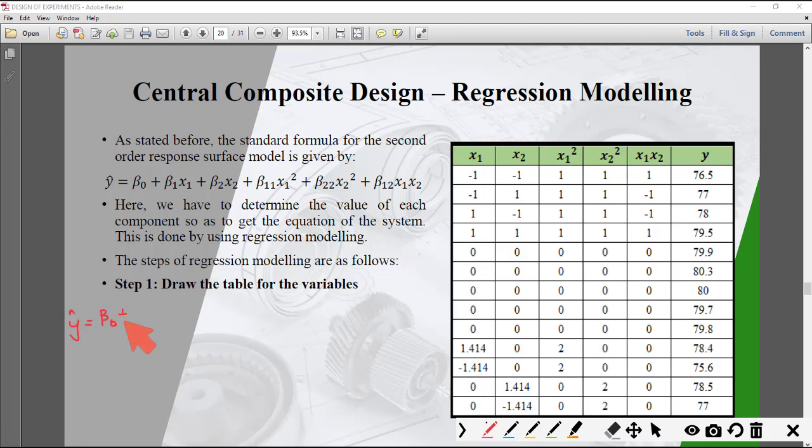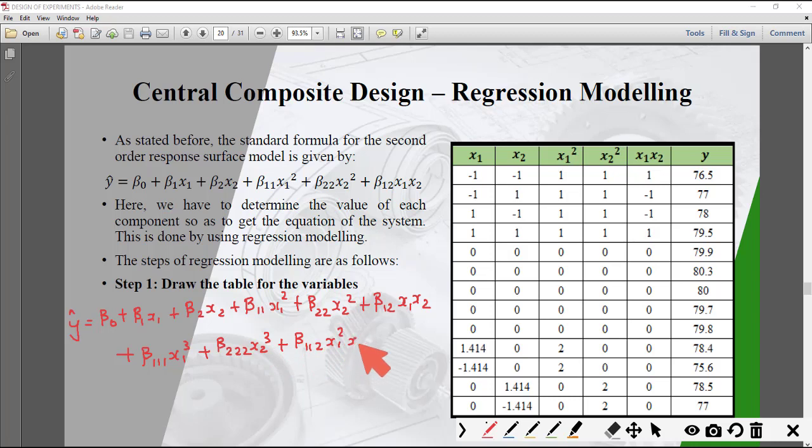It is not required for our syllabus, but I will just tell you. Considering only two factors, it is going to look like this: beta 1 x1 plus beta 2 x2 plus beta 1 x1 square plus beta 2 x2 square plus beta 1 x1 x2 plus beta 1 x1 cube plus beta 2 x2 cube plus beta 1 x1 square x2 plus beta 1 x2 square x1.